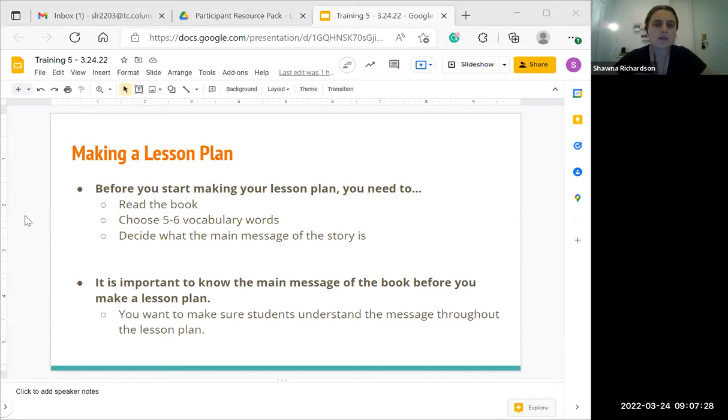So before you start making the lesson plan, read the story and understand the message, and this will help you. Because we want the students to really understand the message, you need to know what it is beforehand, and then you can repeat and reinforce the message throughout the read aloud.